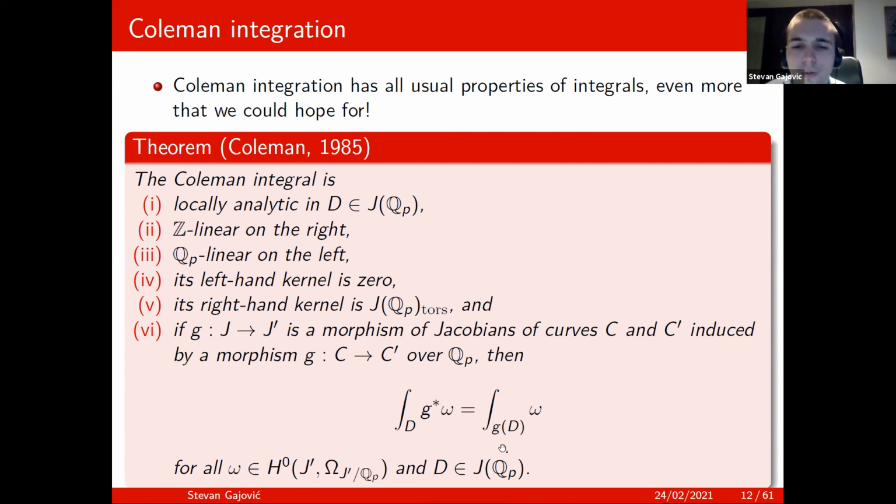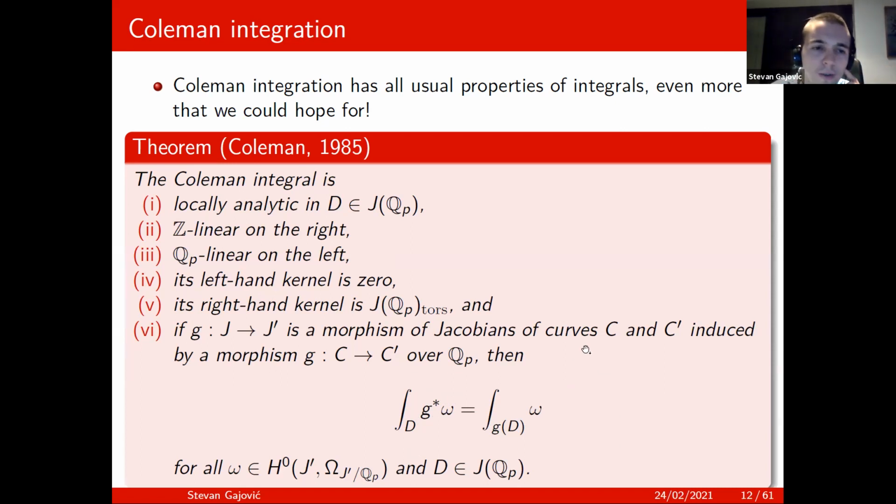And one of the most important things is that we will recognize this as a change of variables. It is still true for the Coleman integral that if we consider a morphism of curves that induces a morphism of the Jacobians, here intentionally using the same letter, then we can compute an integral on one Jacobian by going to another one and vice versa.